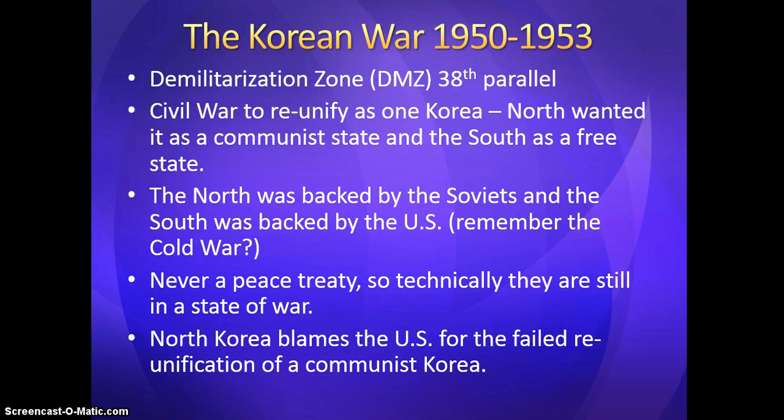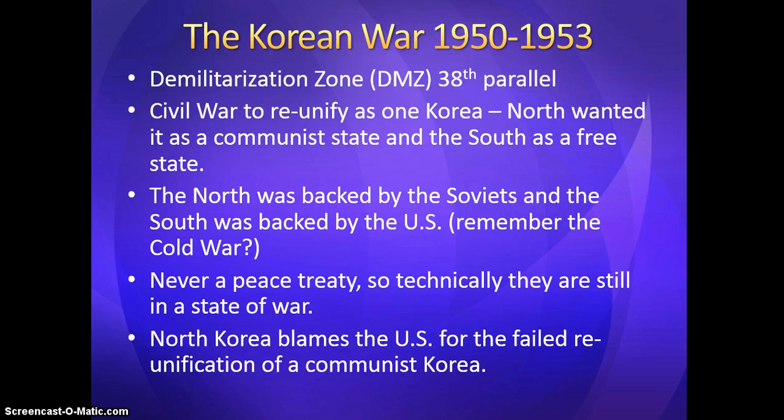So the civil war to reunify Korea we call the Korean War. Now the country is divided at approximately the 38th parallel, and that is a line of latitude. The DMZ, or the demilitarized zone, is the border at which there is a truce, if you will.